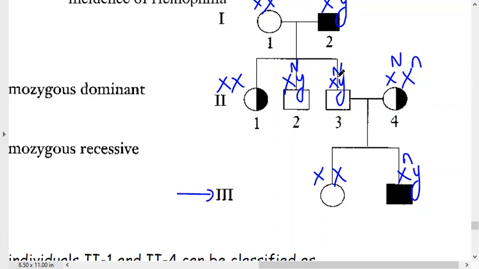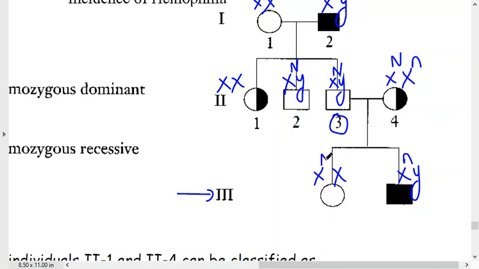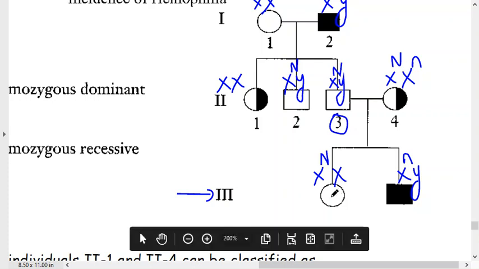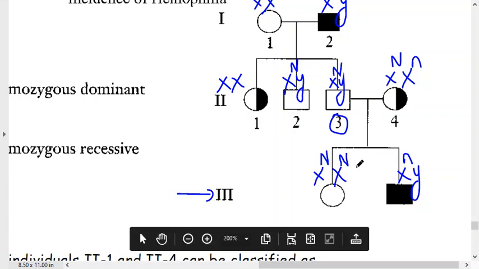That means her father, this individual right here, number 3, must have given her his X chromosome with the normal copy. This individual is not shaded, so we do have to take advantage of just knowing that and say that this allele must be dominant. Otherwise, they would have shaded this shape a little bit, and it would have been half shaded. So she is homozygous normal.